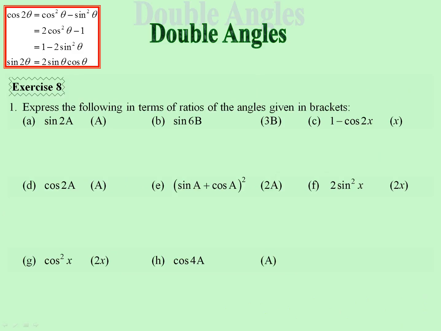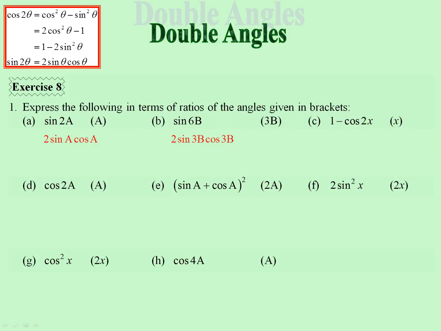Right. Some of these are pretty straightforward. Sine 2a in terms of a, well, there we are, straight off. Sine 6b in terms of 3b, well, it just means that's the double of that, so we're going to go the same way. 2 sine 3b cos 3b. 1 minus cos 2x in terms of x.